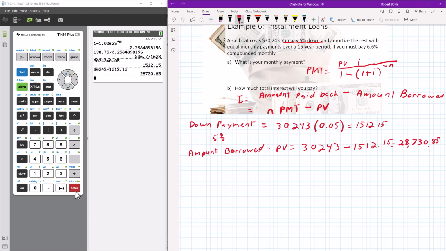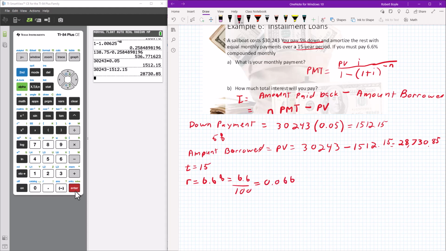Now we need to figure out what I is. Now remember, R, before we do that, we need to figure out a few other things. Notice here that our period is 15 years. So T is equal to 15. R is equal to 6%, which is equal to 6 divided by 100, or 0.06.